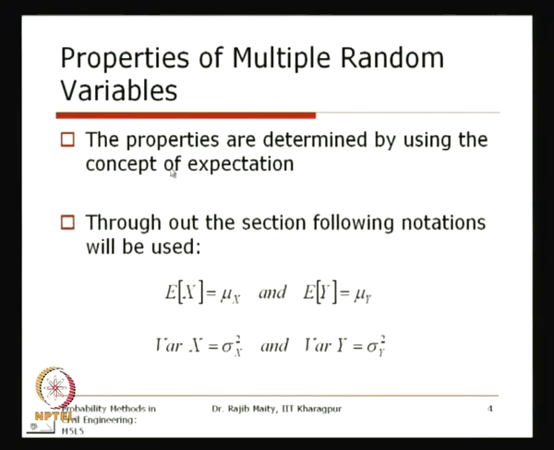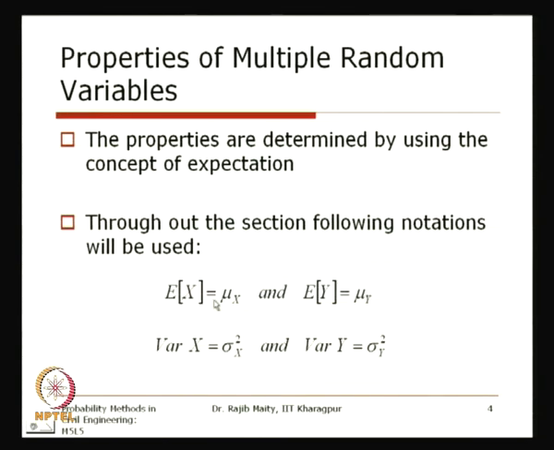In this discussion we will follow these notations: the expected value of the random variable x is denoted by mu x, and the expected value of y is denoted by mu y. Variance of x is sigma x square, and variance of y is sigma y square.